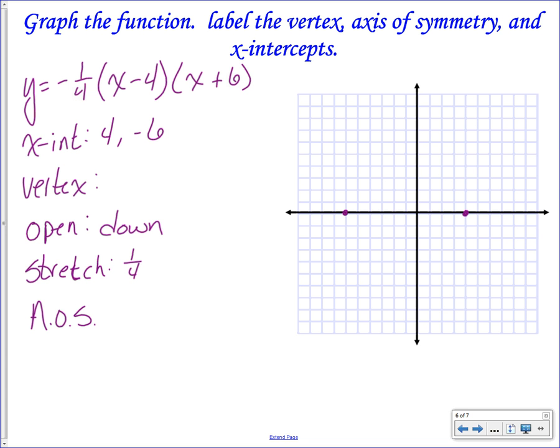So 4 and -6. Halfway between there. Anybody? This one's a little harder just to see automatically. Add those together. What's -6 plus 4? -2. Divided by 2. -1. So x equals -1.